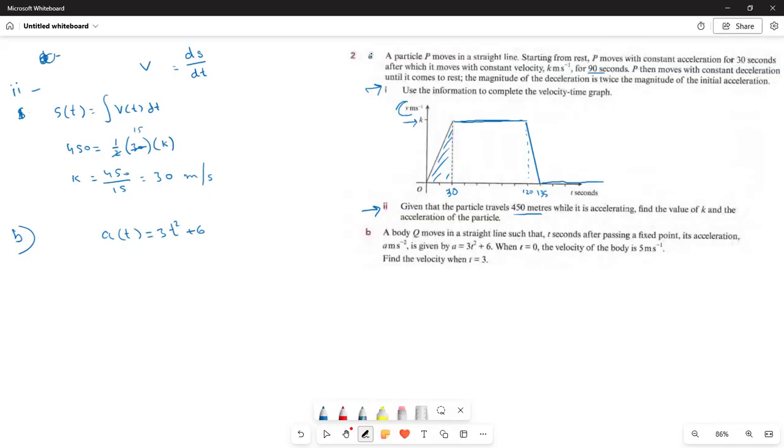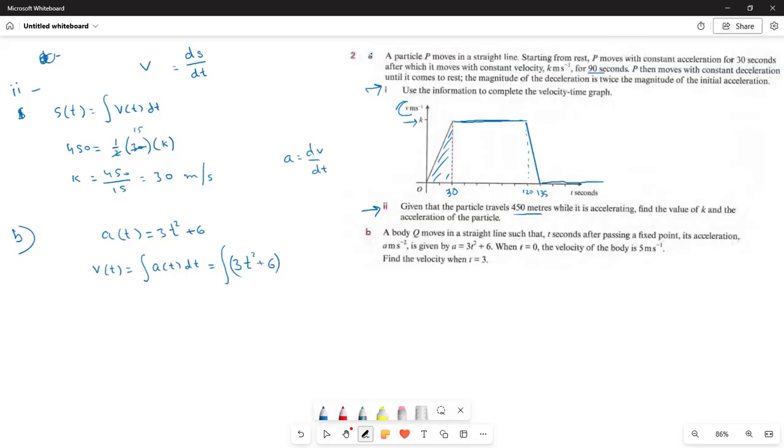Remember, acceleration is the derivative of the velocity, so velocity as a function of time is the integral of acceleration. I need to integrate 3t squared plus 6.